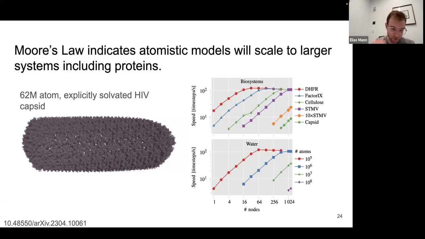This is an example from an Allegro paper. Allegro is a type of NNP, and they showed they were able to run molecular dynamics on a 62 million atom explicitly solvated HIV capsid.